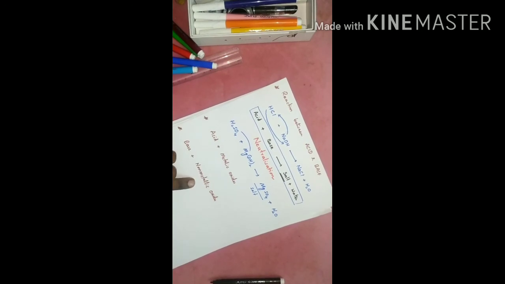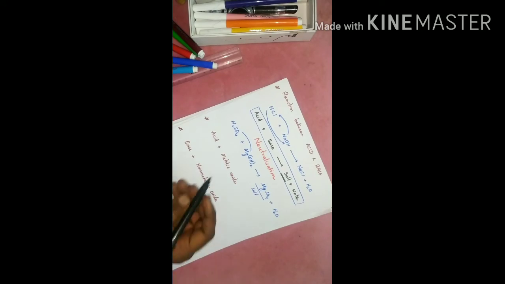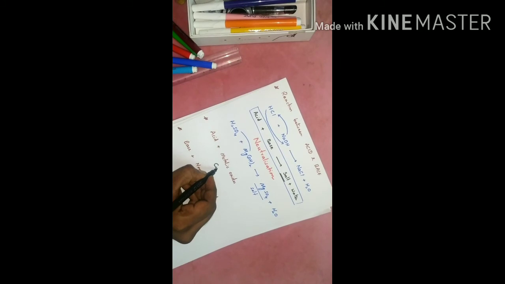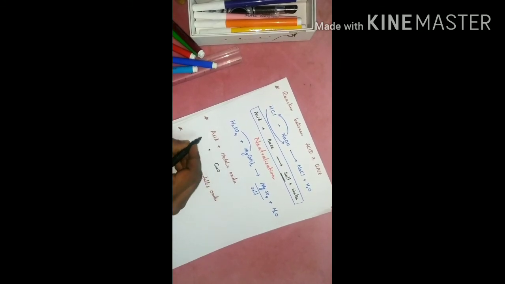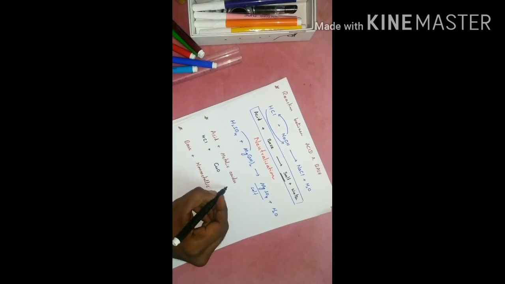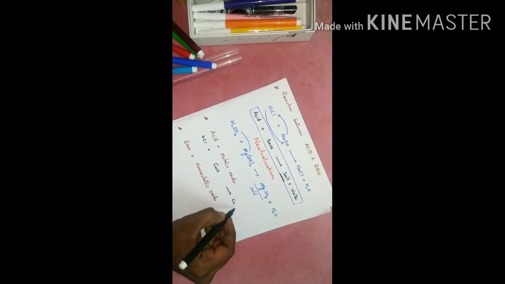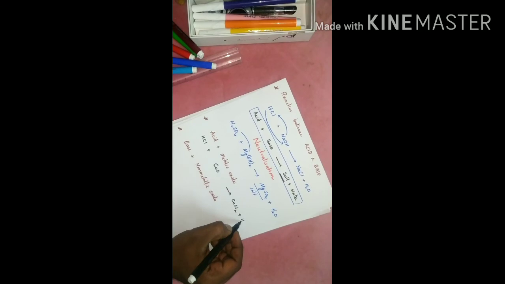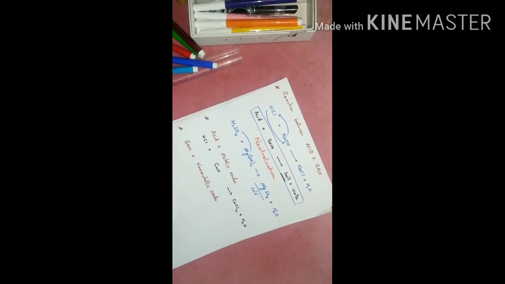Salt and water. See, metallic oxide with acid. CuO, metallic oxide, let us suppose cupric oxide, is added to acid, HCl. Then what are you getting? You'll get the chloride of copper and H2O. Any base, NaOH, combines with a non-metallic oxide, CO2.